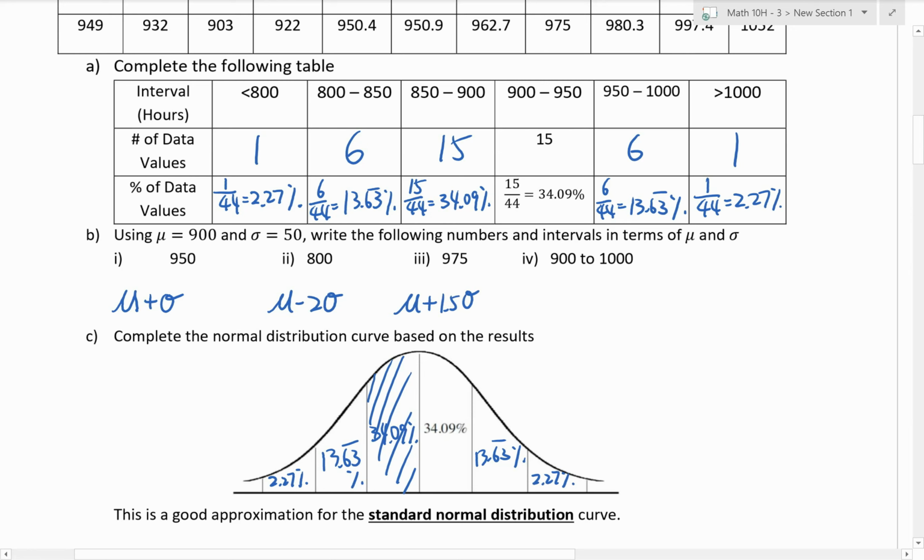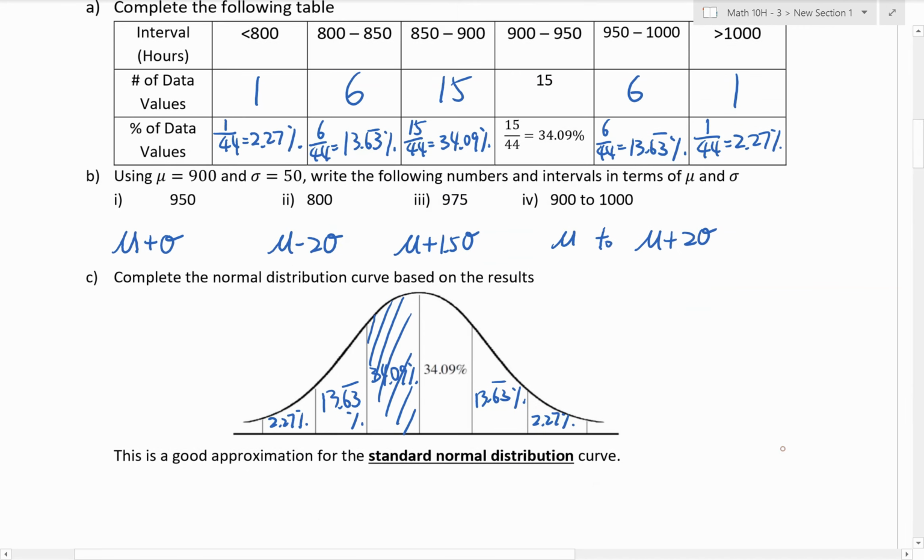And if you want to write an interval for 900 to 1000, well, 900 is mu, and 1000 is mu plus 2 times sigma. So that's an interval from mu to mu plus 2 sigma. That will give you 1000. So that's part B. This is going to be important when we look at the questions later on.